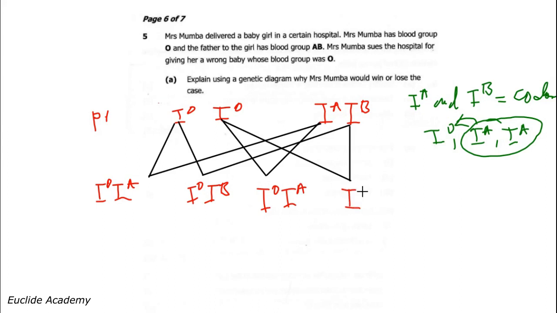And here could also be A, O, so the child could be A, and the child could also come with B, so the child will be B.